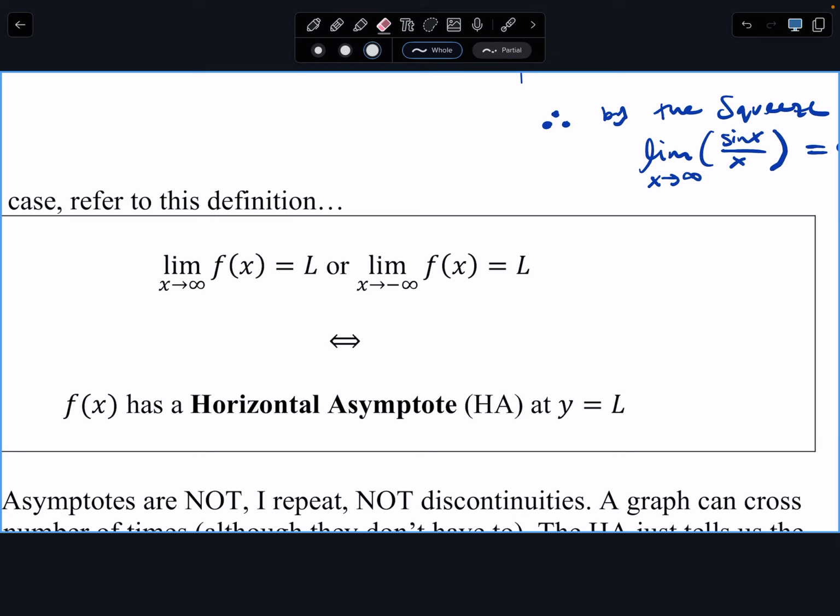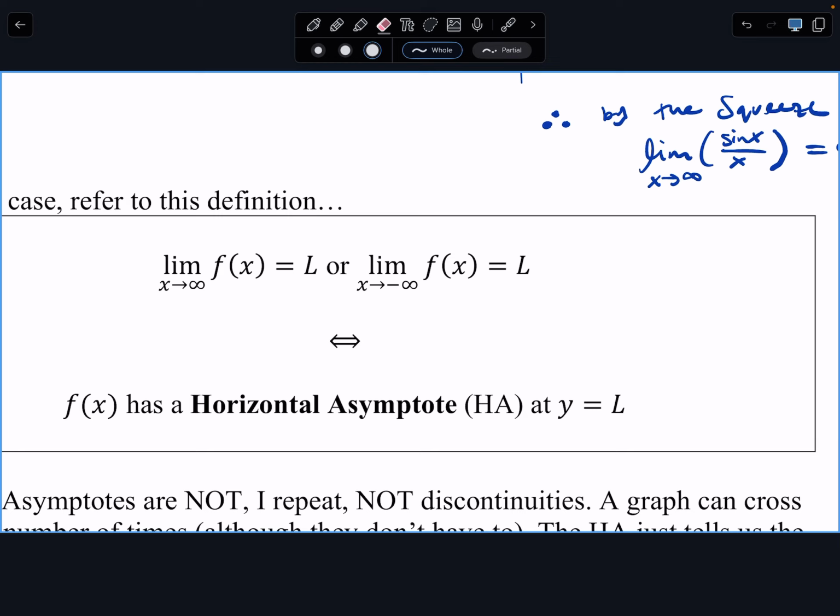A function can have at most how many horizontal asymptotes? What about end behavior: if as x approaches infinity, a function approaches 2, and as x approaches negative infinity, the function approaches negative 2.